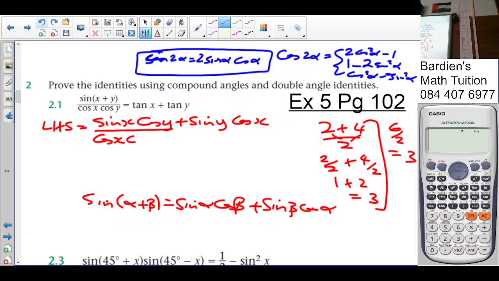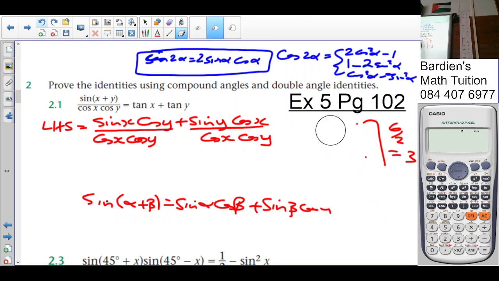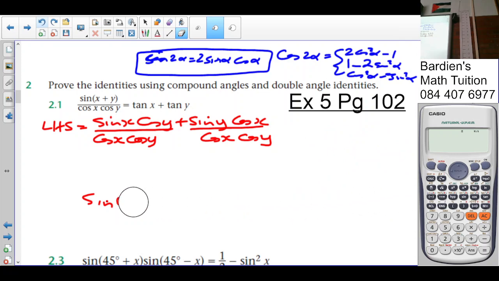So it becomes over cos x cos y, and over cos x cos y. Why do I do that? So that I can cancel out. What cancels in the first term is cos y.